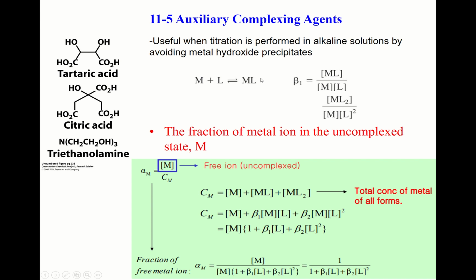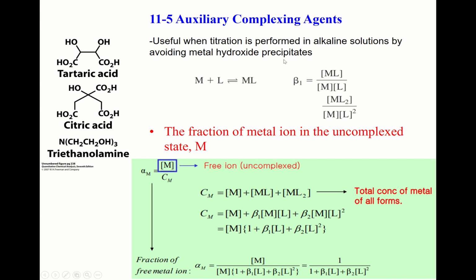The idea is to use another complexing agent, called an auxiliary complexing agent, to first make a complex with the metal ions. Once the metal-ligand complex is formed, it doesn't precipitate, so that way we can avoid precipitates.